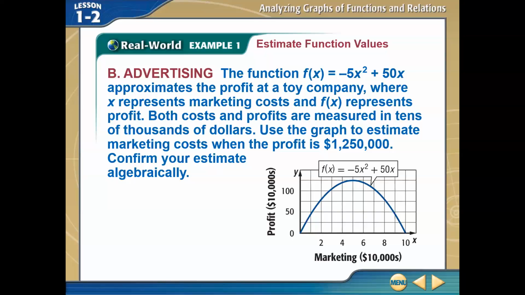So, in order to check ourselves, we would have to set up our equation. And we can actually abbreviate our zeros so we don't have to deal with a ginormous number like 1.25 million.